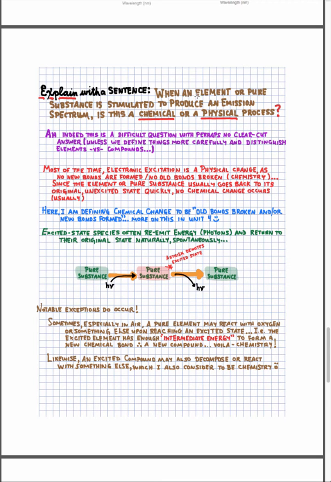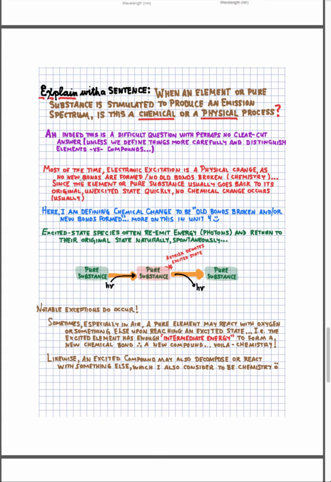Well, if it's an element all by itself, it's definitely a physical process. But if it's a pure substance, like some kind of compound with some structure, it's possible that it could on occasion break bonds or even react or interact with something in the air.